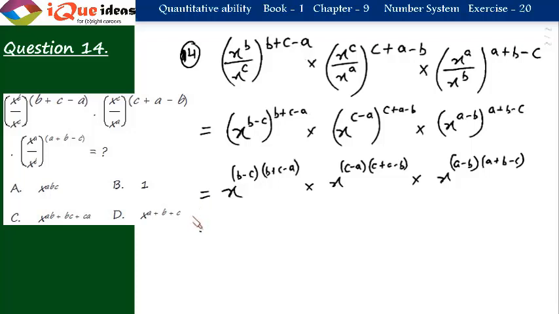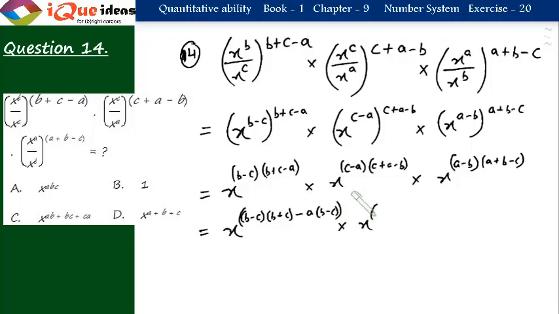Alright. Now if you multiply, let's say first one, it is b minus c into b plus c minus a. Let's consider b plus c as one item, b minus c is the other item. So the first one will be (b-c)(b+c) minus (b-c)a.